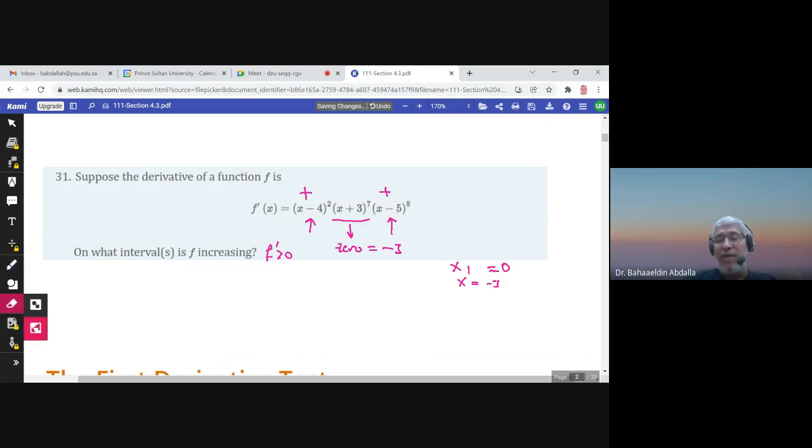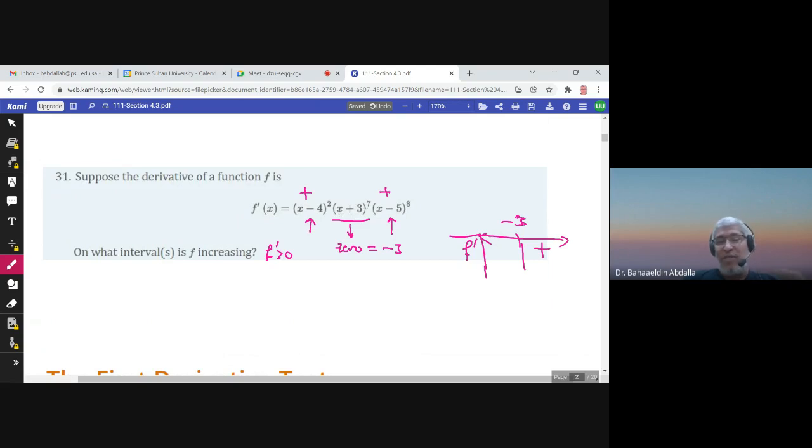Now, to the right of negative 3, what happens? We can make a table only for negative 3 because negative 3 really controls the signs of f prime. If you choose a number greater than negative 3, for example 0, 0 plus 3 is positive, so f prime would be positive here. If you choose negative 4 or negative 5, this would be negative.